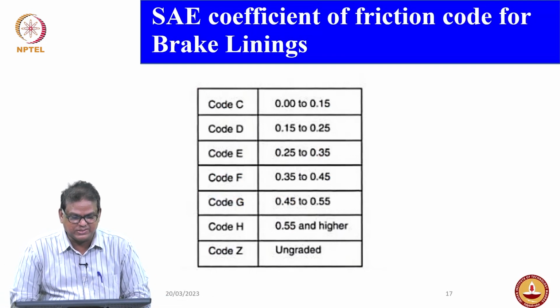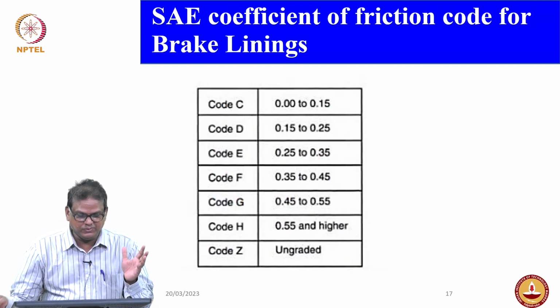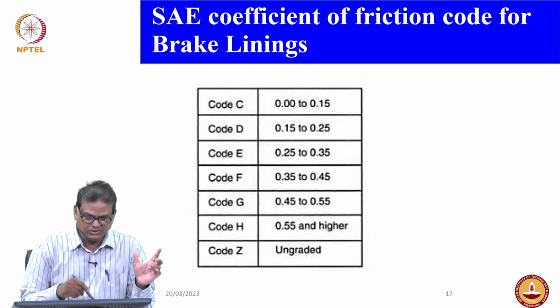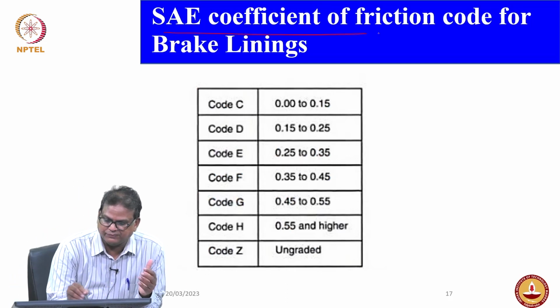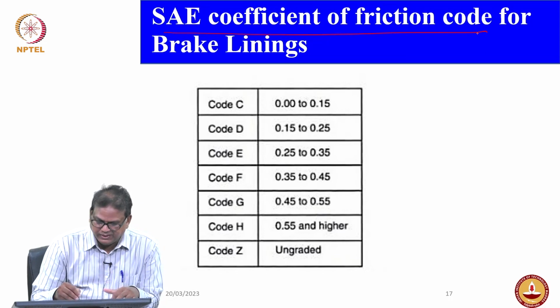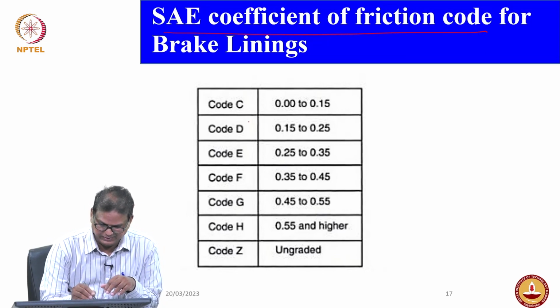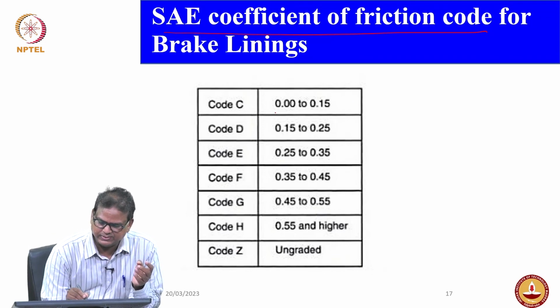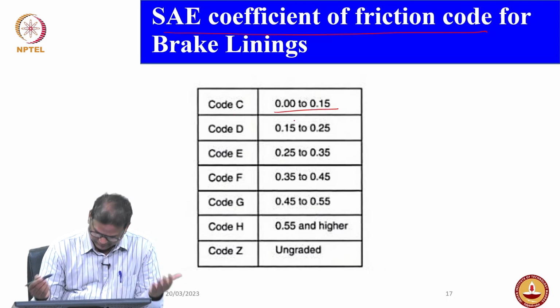Before that, now you can see the friction lining clearly mentioned from the analysis. Based on the SAE coefficient of friction code, various categories are given: C, D, E, F, G, H. Now you can see that C has the lowest coefficient of friction range.